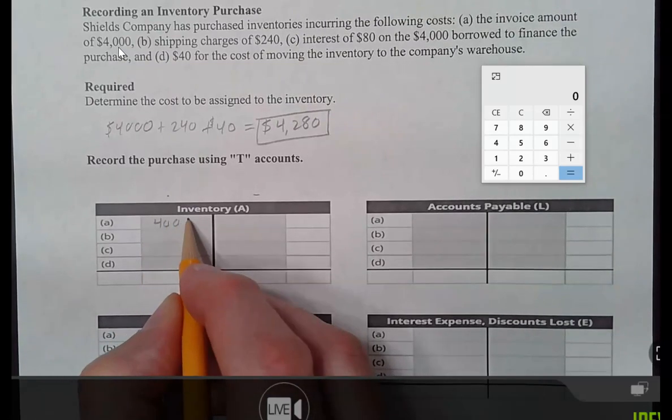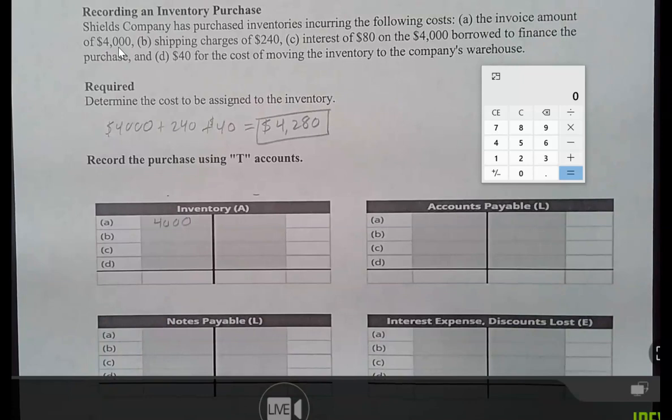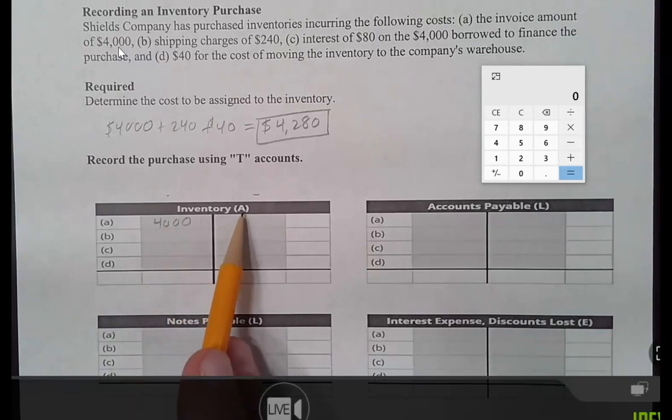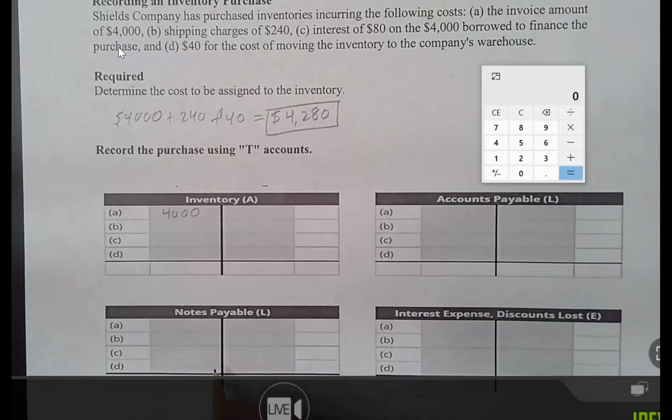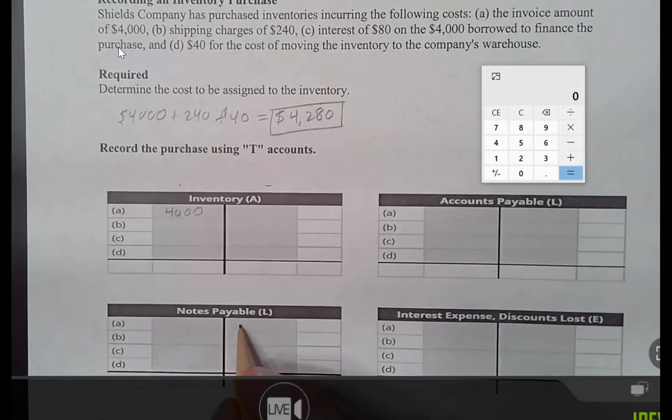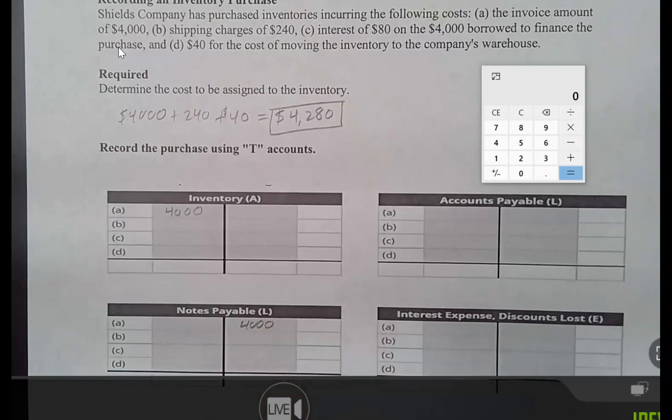And we know that the invoice amount was $4,000 for inventory. And inventory goes up on the left side, which is because it's an asset, for $4,000. The closest transaction that we have to match this to would be the loan that we took from the bank.